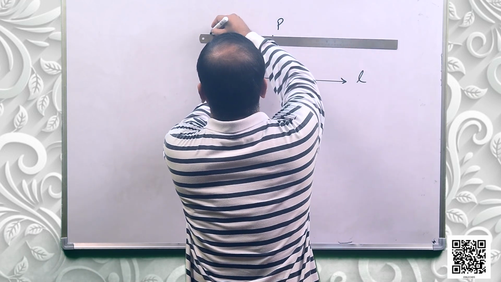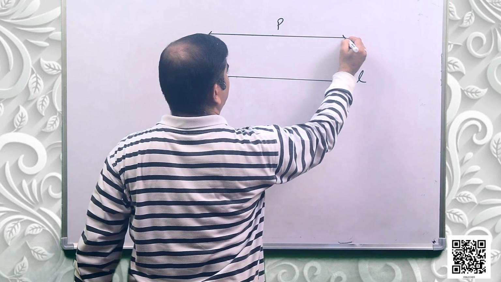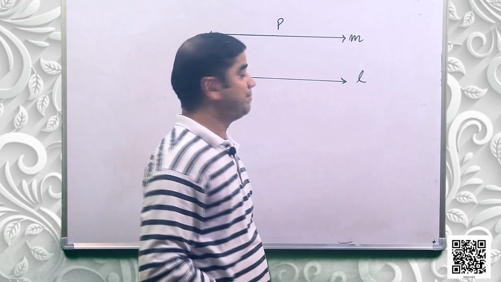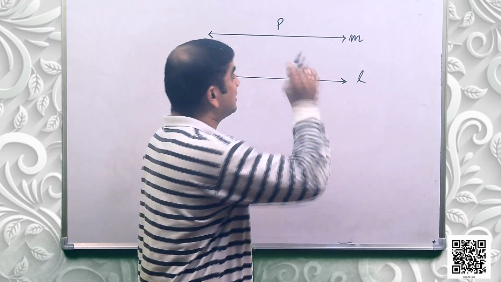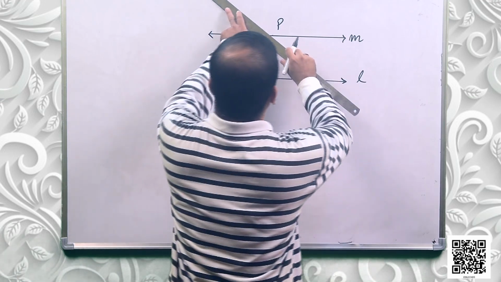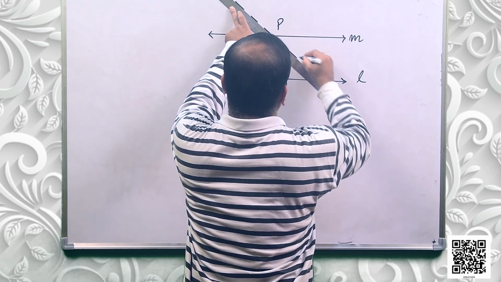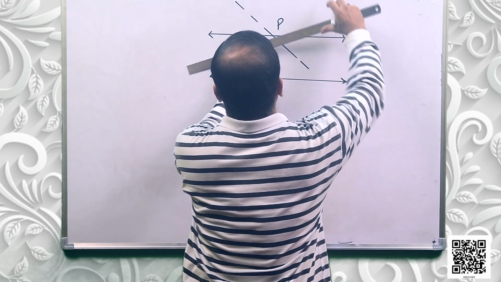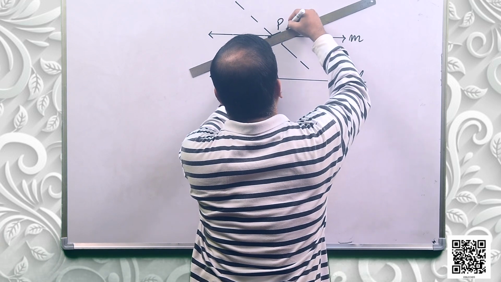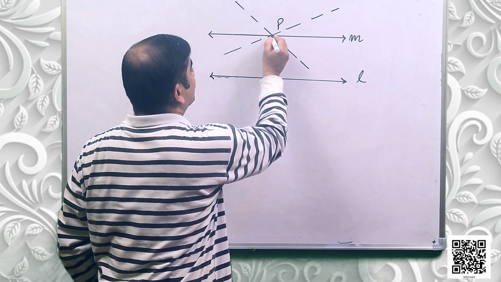That means if I draw a line M which goes through P, it is a unique line. This only line is parallel to L. As we have discussed previously, there might be many more lines which can go through P. We can draw infinitely many lines, since infinitely many lines can pass through a single point.